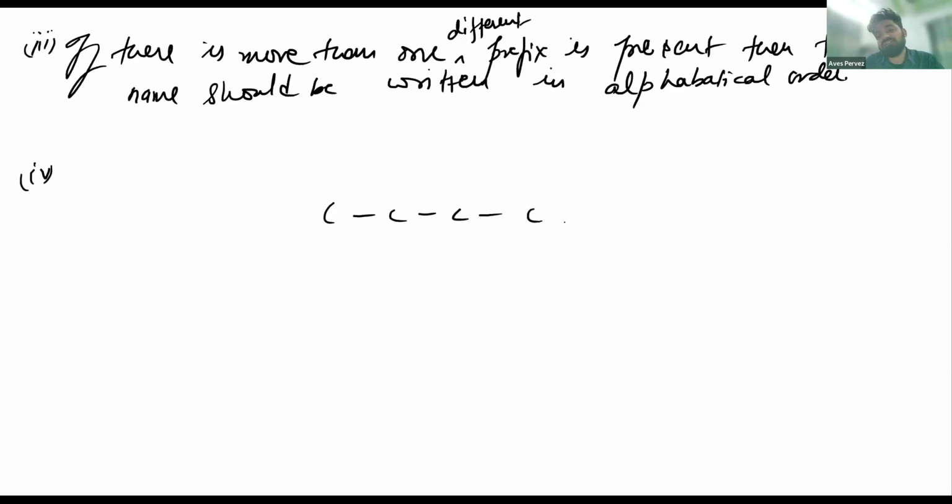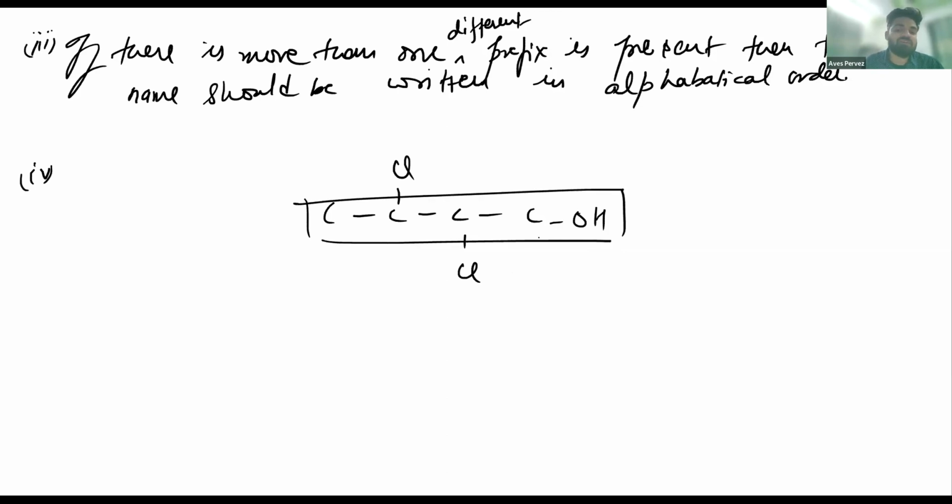If there is more than one same prefix present, for example, here we have chloro, here we have chloro, so we use di, tri, tetra before their name. Like this is an alcohol; it has a suffix, it does not have a prefix. So if I write the prefix for this one, first we do 1, 2, 3, 4 numbering. Then at 2 and 3 we have dichloro.